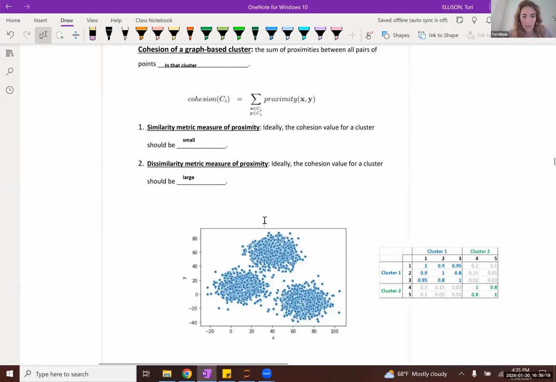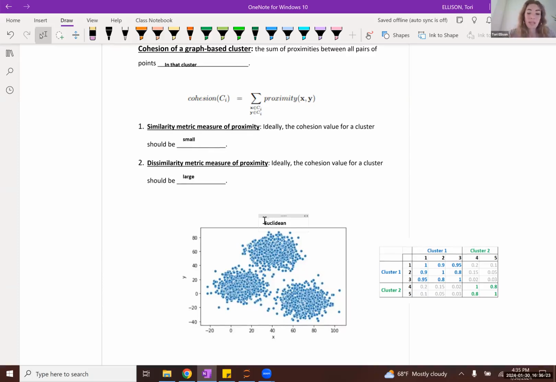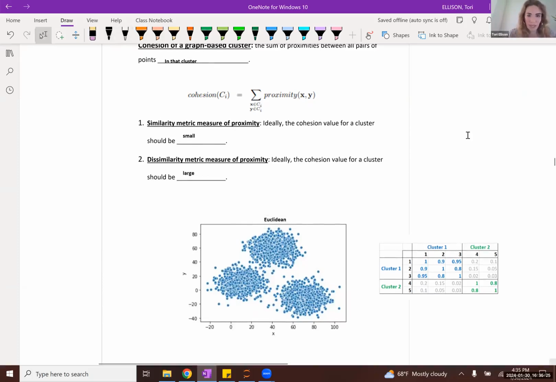Because if we're using Euclidean distance, and this was a good clustering of this data set, then we would want all of the pairwise distances of all of the points within this cluster to be relatively small. And similarly, if we're using a dissimilarity metric measure of proximity here, we would want the sum of all of our proximity measures within a given cluster to be high, essentially.